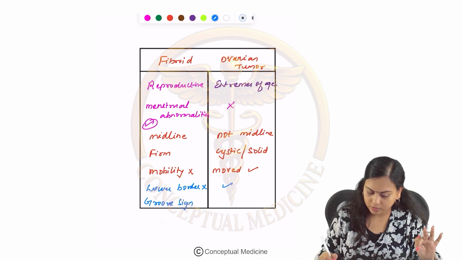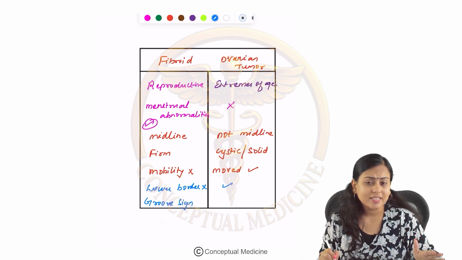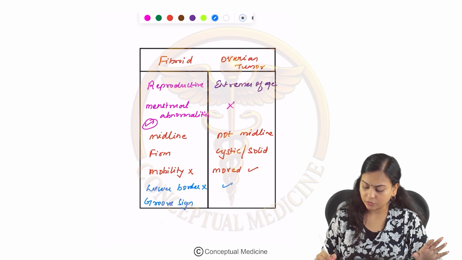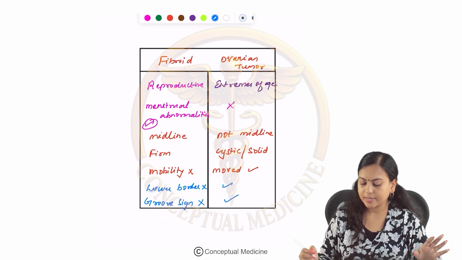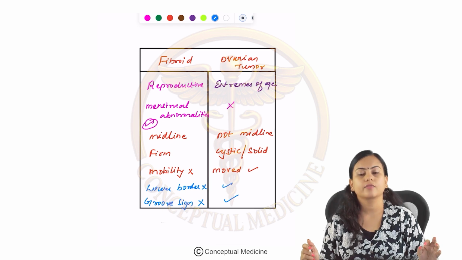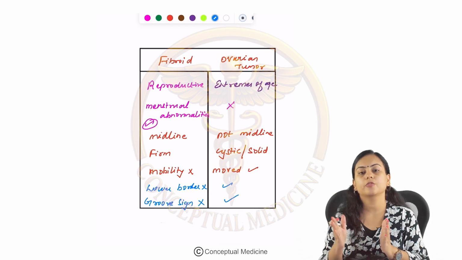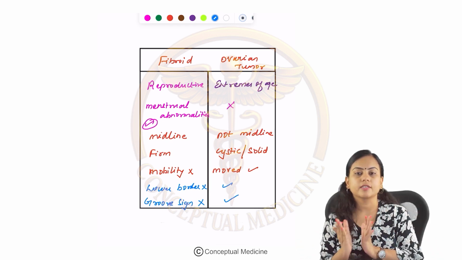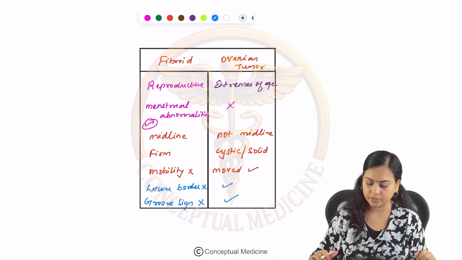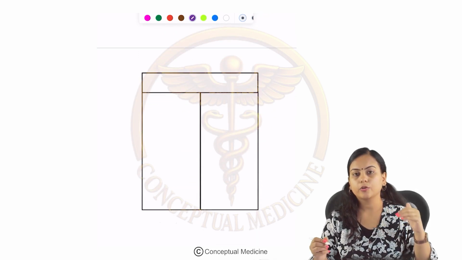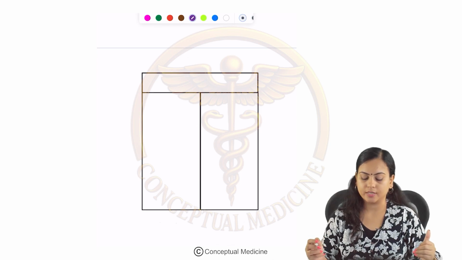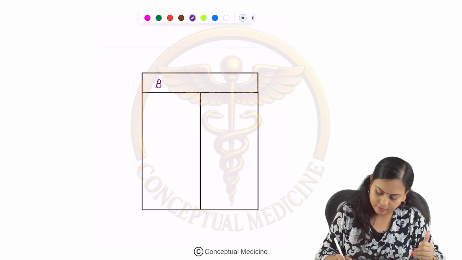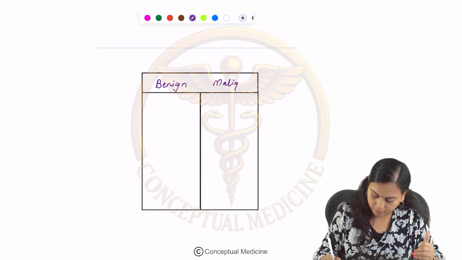Okay, groove sign also the same thing. If the mass is arising from the uterus, means groove sign will be absent. Whereas in case of ovarian tumor, yes, the groove sign will be present because you will be able to make a groove between the uterus and the ovarian mass. Clear?